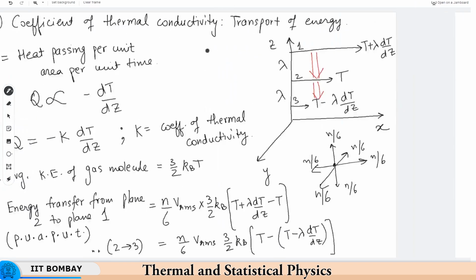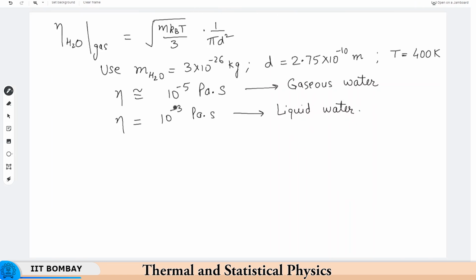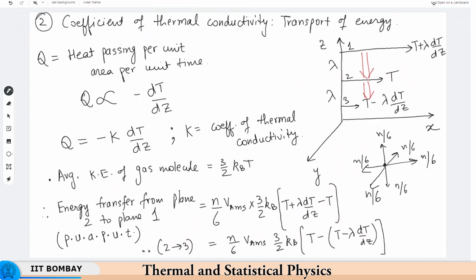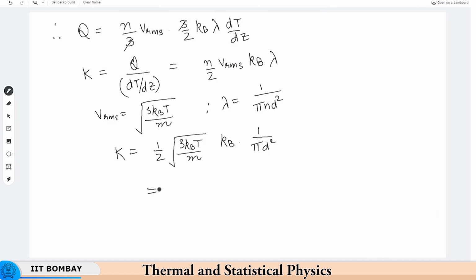And remember, we also had a form for the coefficient of viscosity, which had similar looking terms, and if we just substitute this value of viscosity into this relationship, okay, you can very easily see that this is nothing but equal to 3 by 2 eta divided by m times kB. Okay.